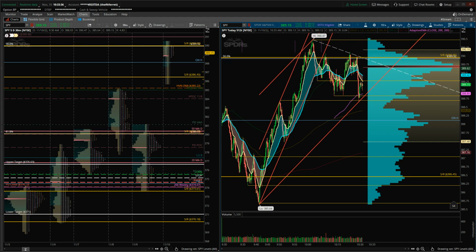Oh, no, never mind. That's the same thing. Sorry, I just kind of messed with my view for a second there. So from the high of the day to the low of the day, we do seem to have condensing price action. But that's pretty standard for a P shape, right?